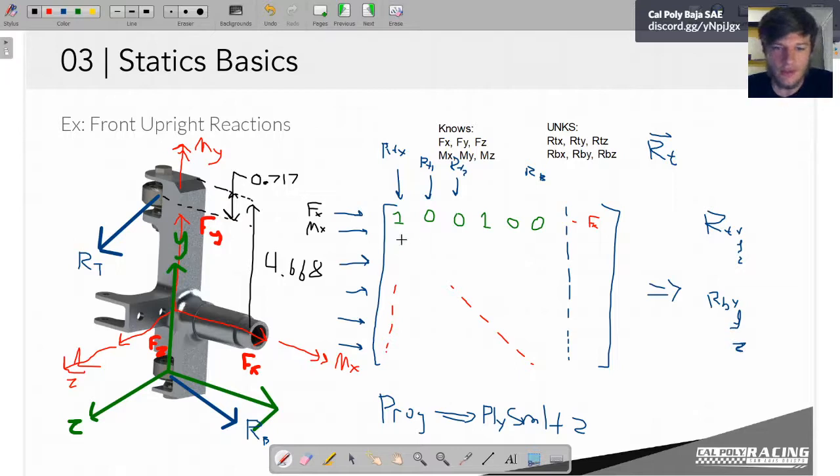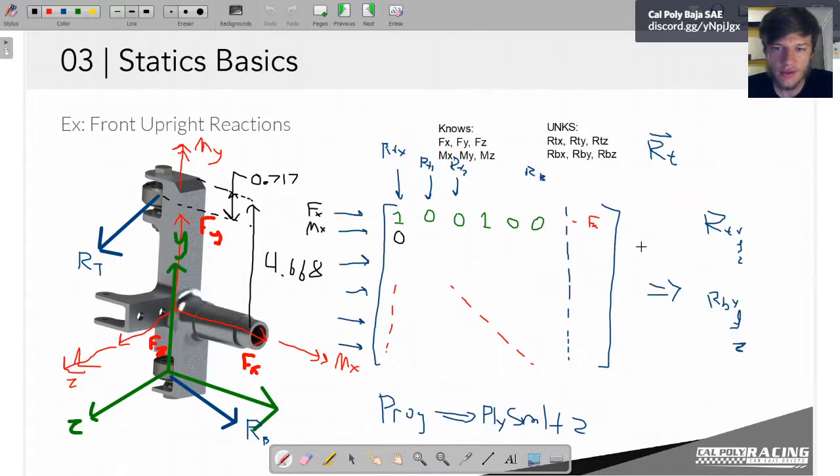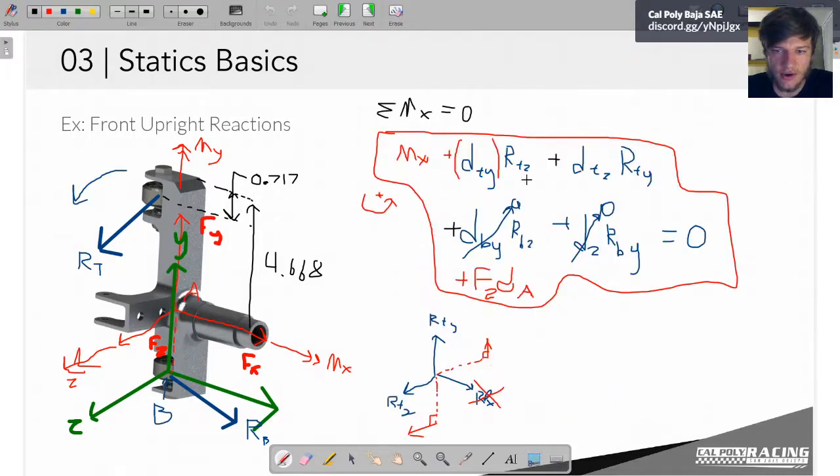So this rtx is a 0, right? Because for our moment equation, we didn't have rtx anywhere. Similarly, we know rbx is a 0, so we didn't have that anywhere. Then let's see, rty, our coefficient is dtz. Remember, this is just a constant from our geometry.